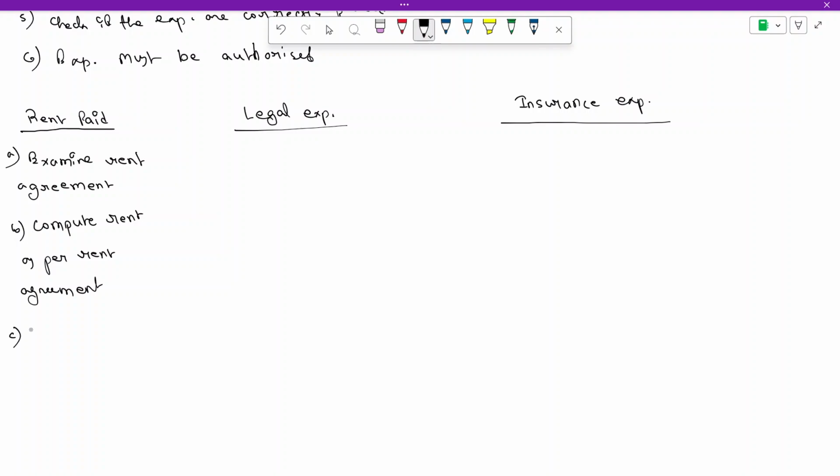There should be the name of the entity in the rent agreement.